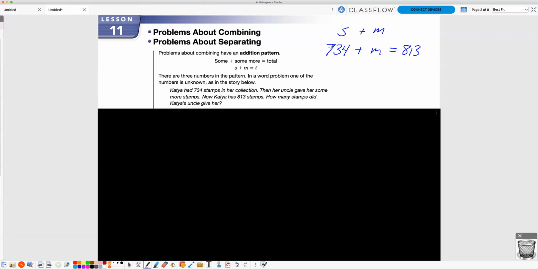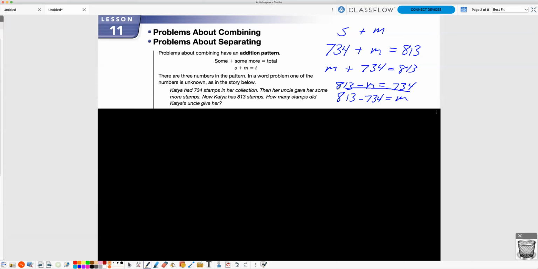So you can see you've got an addition problem here. You could also create this problem. Remember the fact families. Now you could create this problem here: 813 equals, if you were to subtract, you could have 813 subtract m will equal 734, or you could have 813 subtract the 734 equals the m.